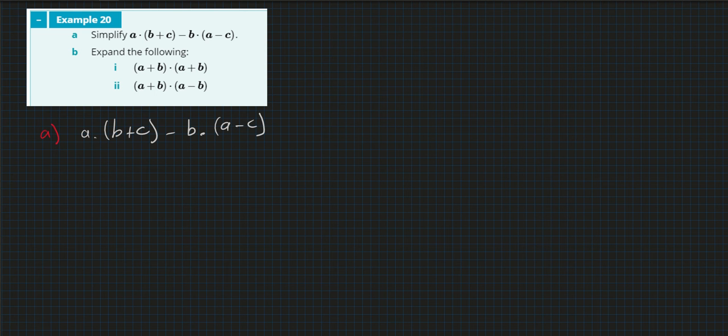So B dot (A minus C). So A dot B, because as you know, it goes across the brackets pretty much like the distributive law.